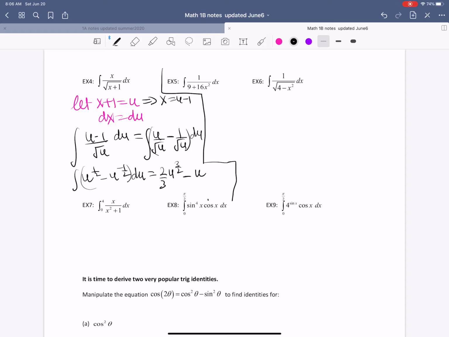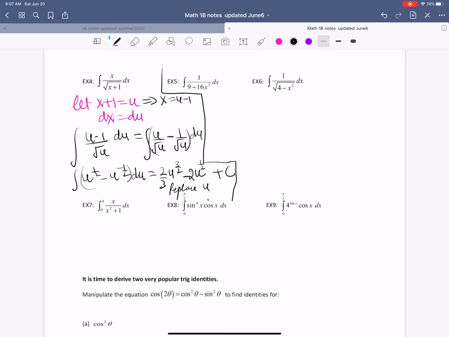So u to the power positive 1/2 divided by positive 1/2, which is the same thing as multiplying by 2, plus c. Now replace the u by whatever we called it in the beginning. I'm running out of space, so I'm going to leave it at this point.